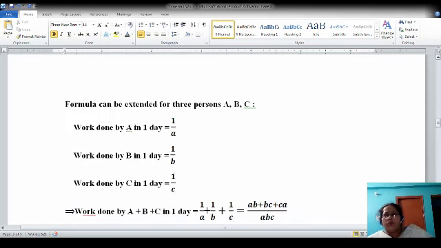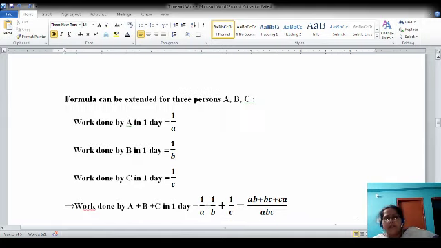So the total work done by all three working together in one day is obviously 1 by a plus 1 by b plus 1 by c, which if you calculate comes to be (ab plus bc plus ca) divided by abc.